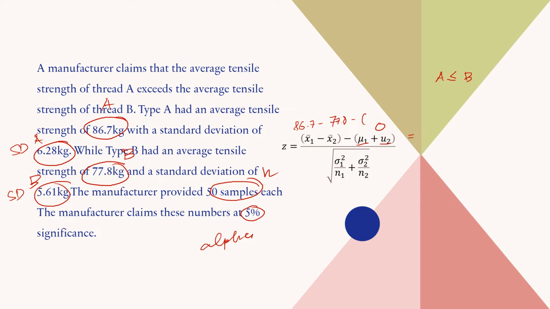So next, you have your standard deviation of group A, which is 6.28. Standard deviation of group B, which is 5.61. And both sample sizes are 50. And all you really have to do after that is take the computation. So let's try.